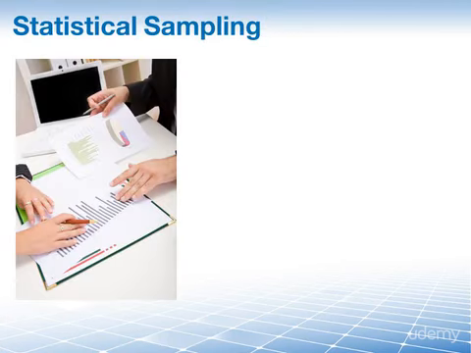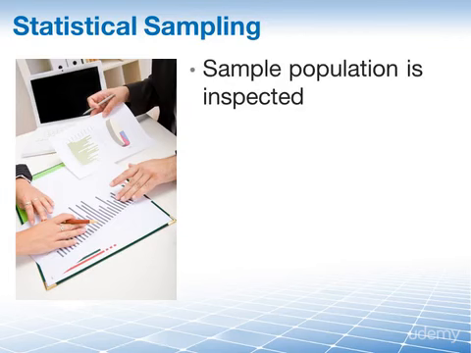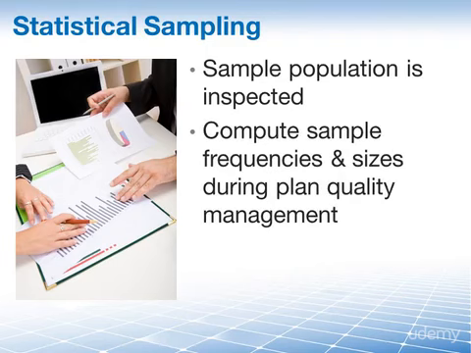Statistical sampling is a powerful tool where a random sample of the population of interest is selected for inspection. A sample is used rather than measuring every single item in the entire population. Sample frequency and size should be decided during the plan quality management process to factor in the cost of quality.